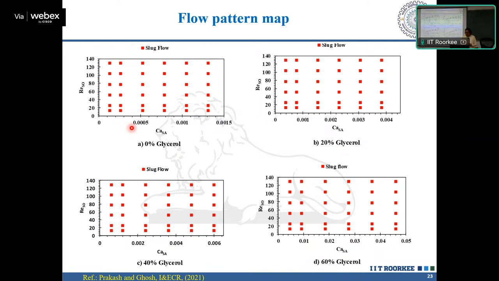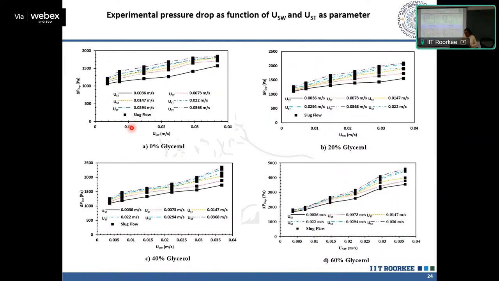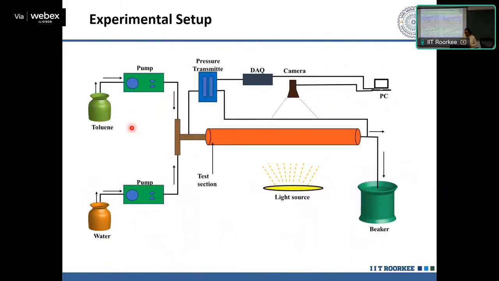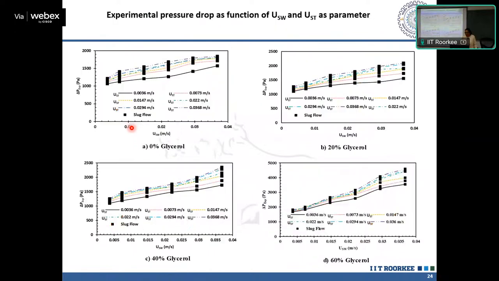And further, how it is affecting. You have seen that there is a pressure transmitter, so the differential pressure drop is reported over here. So what is the observation? As the continuous phase is becoming more and more viscous, it is expected to raise the pressure drop.